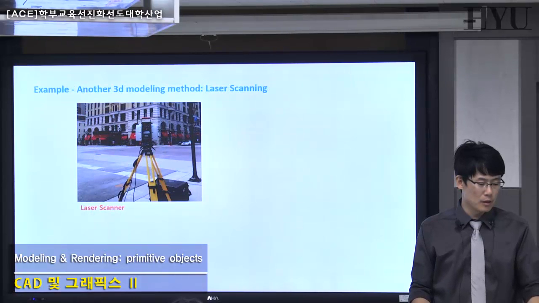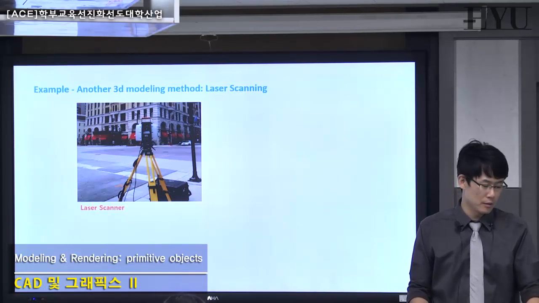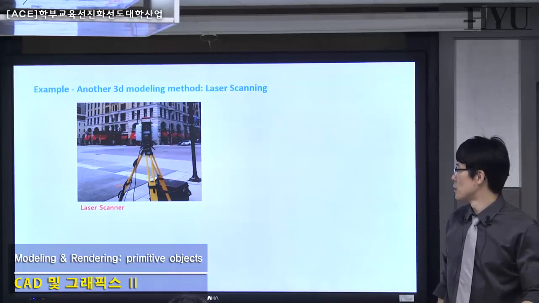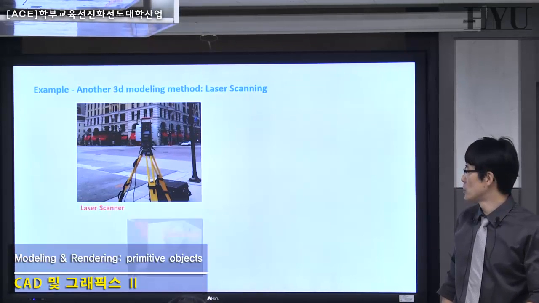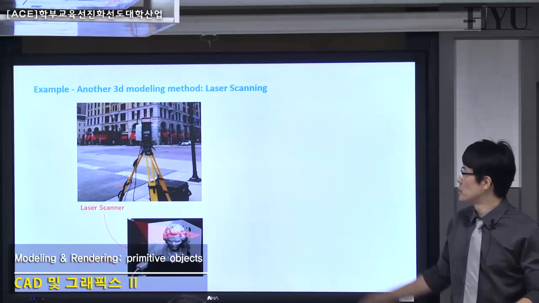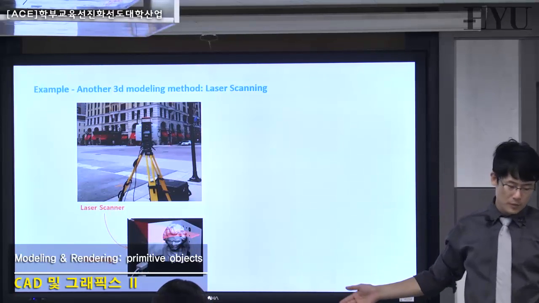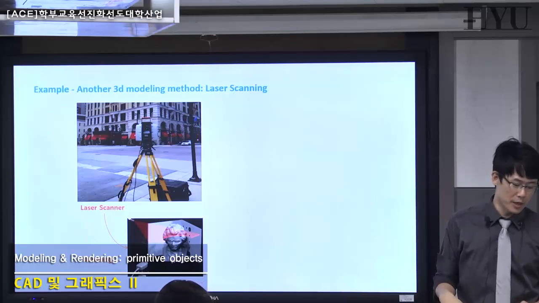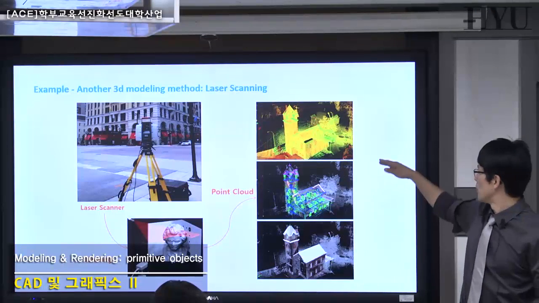How about another example, laser scan. You may know laser scan. I'll show you some video and example demos. Take a look at this laser scan. Simply, that laser scanner has laser beams and scans the 3D object, and you can get points.